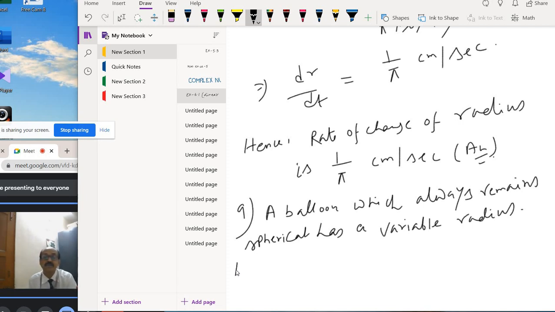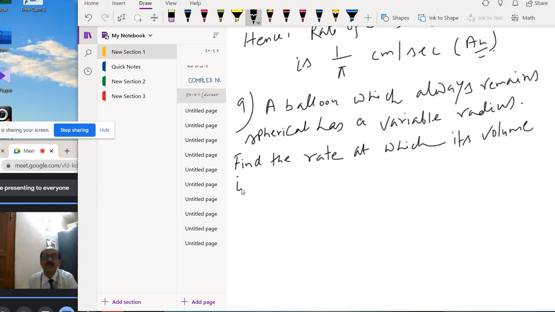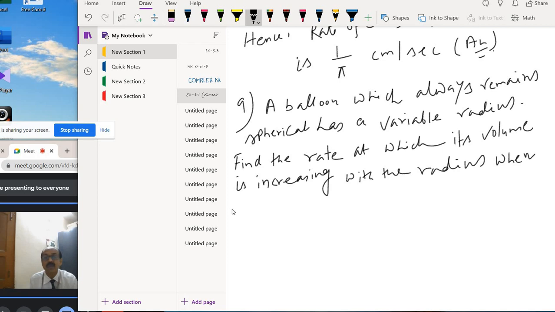Find the rate at which its volume is increasing with the radius when the radius is 10 centimeter.